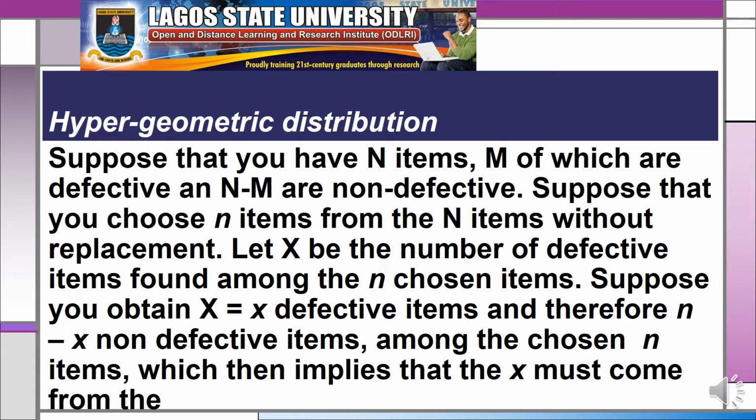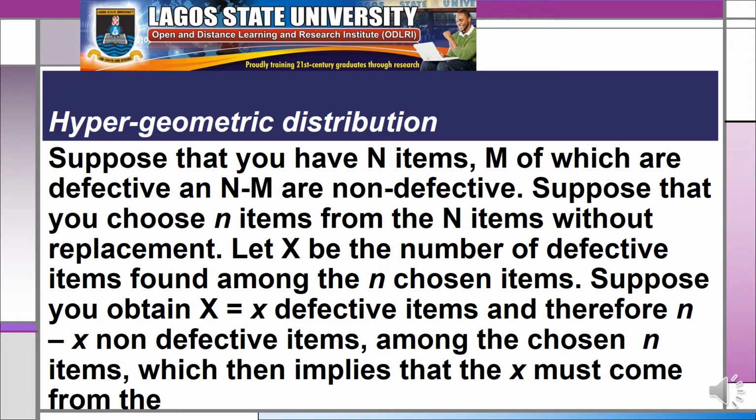Suppose you have N items, M of which are defective and N minus M are non-defective. Suppose that you choose small n items from the big N items without replacement. Let X be the number of defective items found among the small n chosen items.